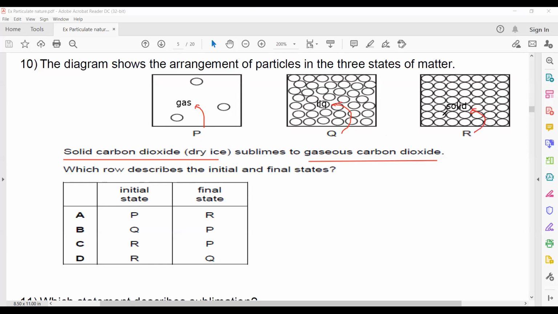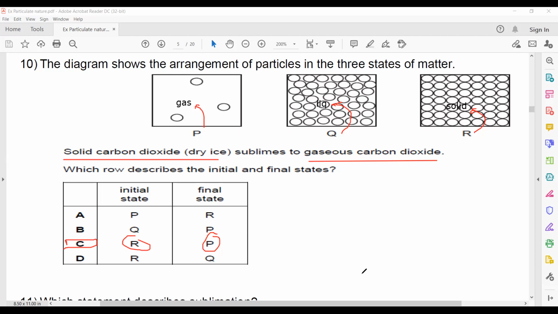So instead of writing solid, liquid and gas, they use the terms P, Q and R. So the initial state was solid, so it was R, and the final state, because it sublimates, is P. So C is the right answer for this question.